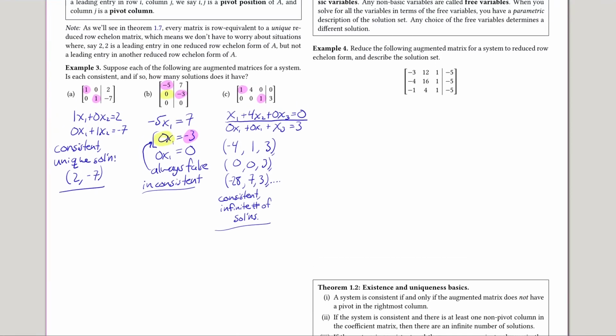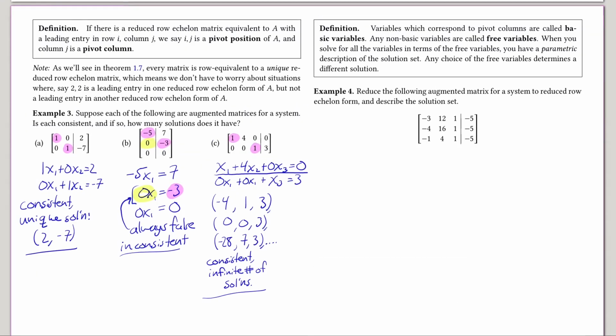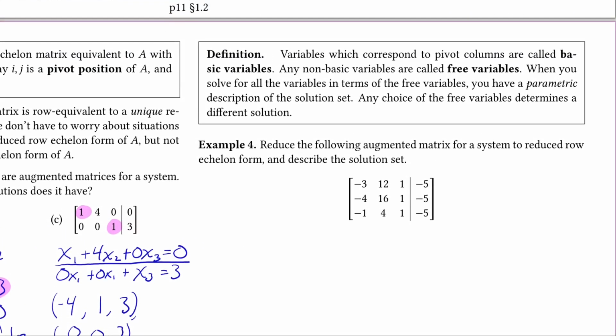All right. So let's look at the definition of basic variables and free variables. So variables which correspond to pivot columns are called basic variables, and any non-basic variables are called free variables.